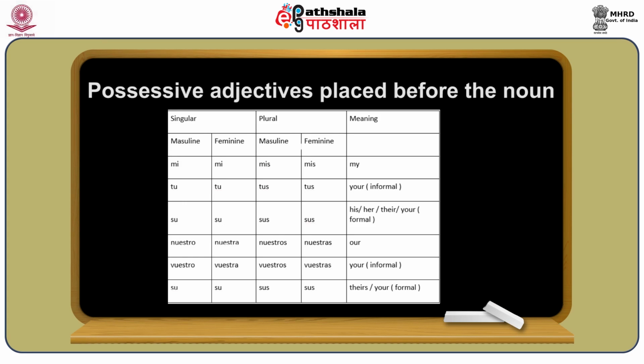Mi is the same for both masculine singular as well as feminine singular, and mis, which also means my, is the same for masculine plural and feminine plural. So in singular it is mi, and in plural it is mis, meaning my.